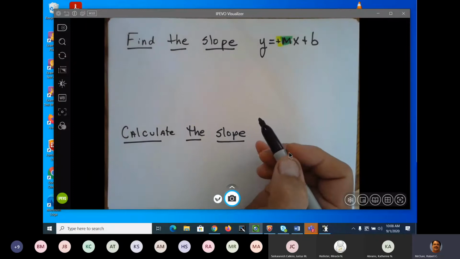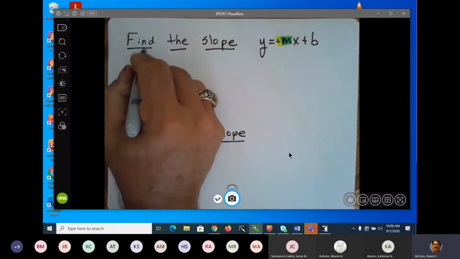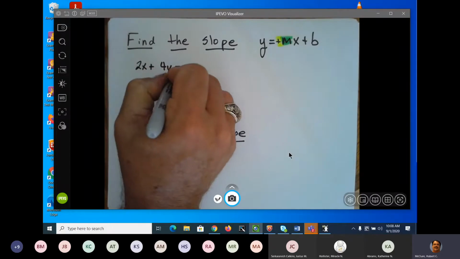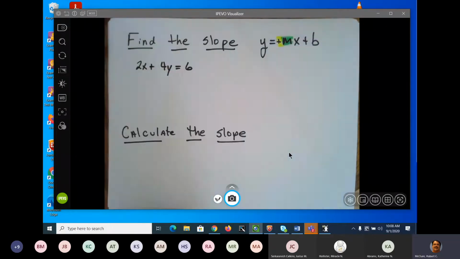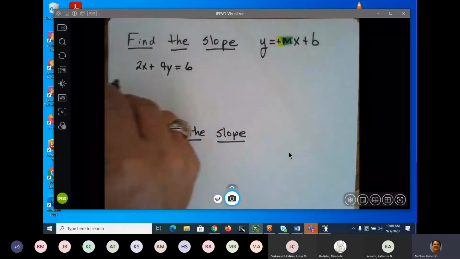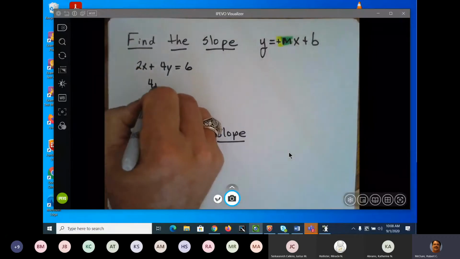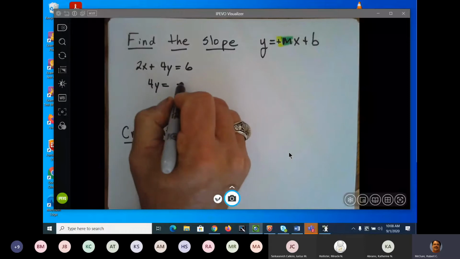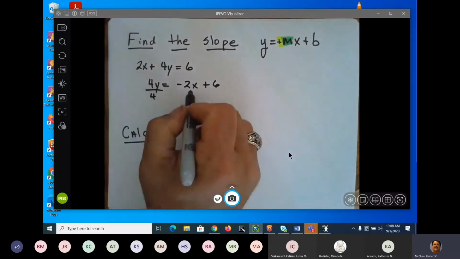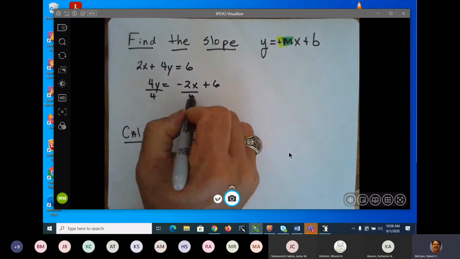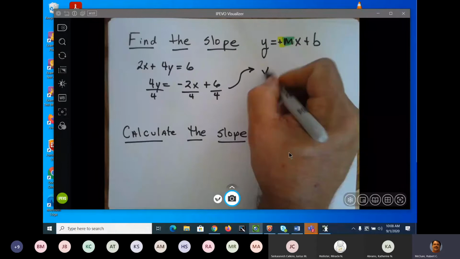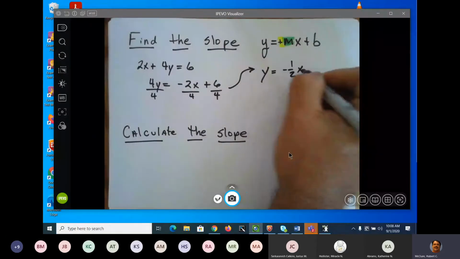Okay, so if I have 2x plus 4y is equal to 6, then I know I got to solve this for y because the directions say find the slope. That's 4y is equal to negative 2x plus 6, divide by 4, and y is equal to negative 1/2 x plus 3/2.